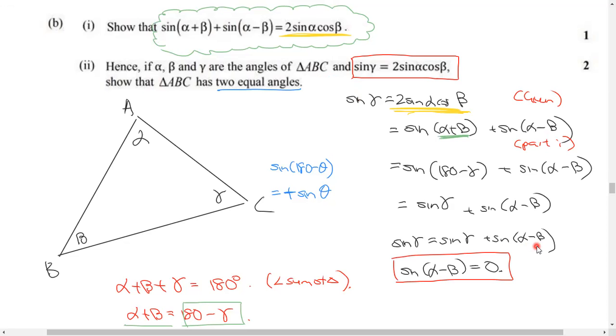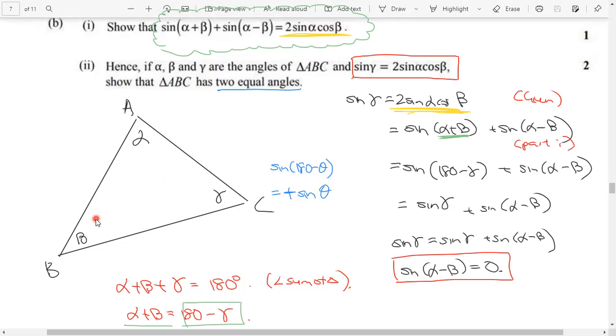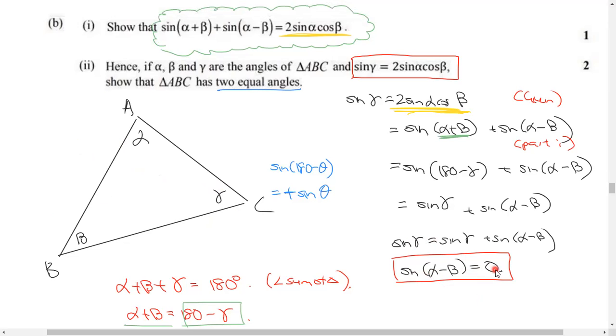But alpha and beta are both acute angles. Well, maybe not acute angles. They could be theoretically obtuse angles. Well, they can't both be. They could be acute or obtuse. They can't be reflex angles or bigger because they're in a triangle, right? But for the sine of the difference to equal 0, that means the difference between them must equal 0, or theoretically 180 degrees, 360 degrees, and so on.